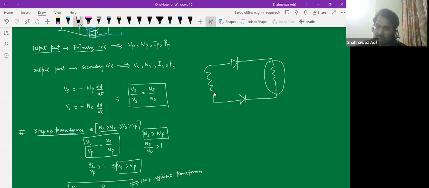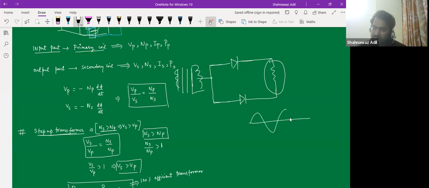In this load, what kind of supply do you get? Let's say this transformer, and this is the supply that you get. This part is connected to this part, so you get an AC supply.